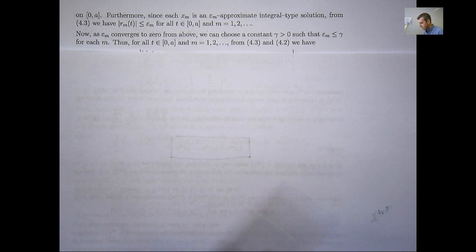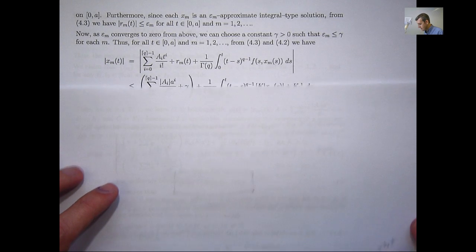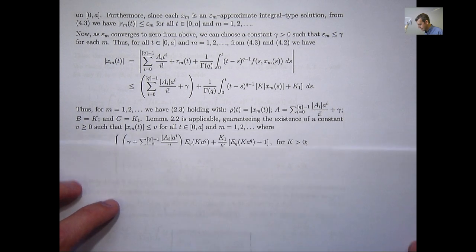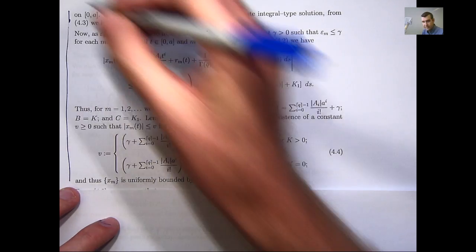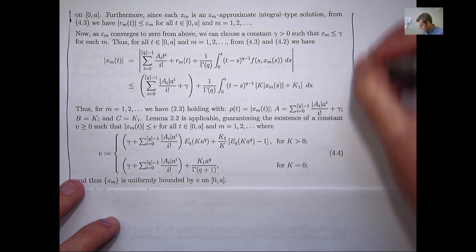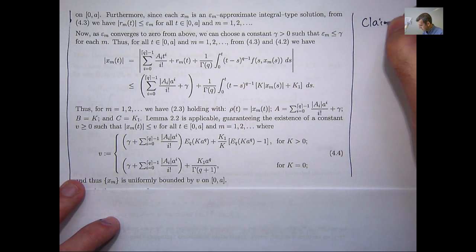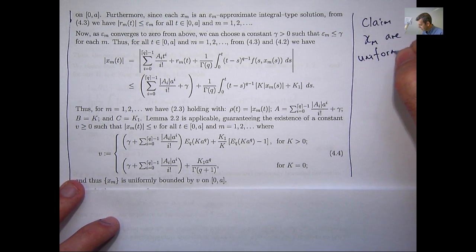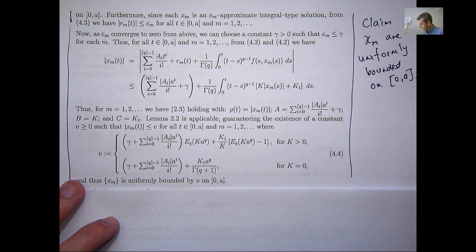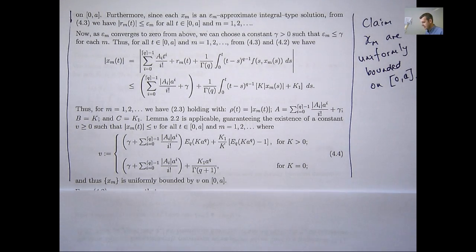And the first claim I'm going to make is that the sequence of functions x sub m are uniformly bounded on the interval of interest. Okay, so that's what's happening here.